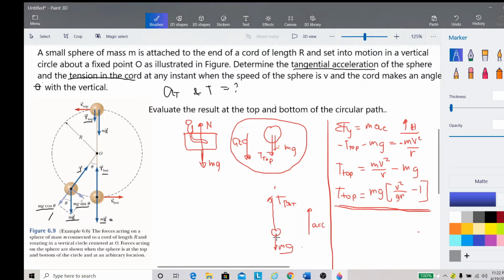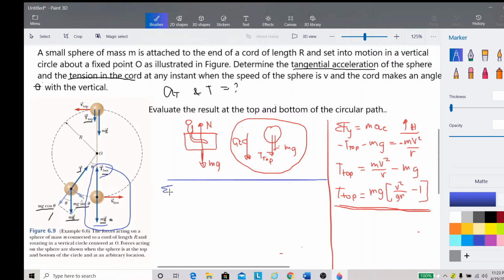So how about this one? Tension at the bottom. Let us magnify this one. So buray na natin to, no? And mag-concentrate tayo dito. So tension at the bottom, kung ito yung bottom natin, meron tayong pababa, which is mg, meron tayong pataas. So we are looking at this one, ano?